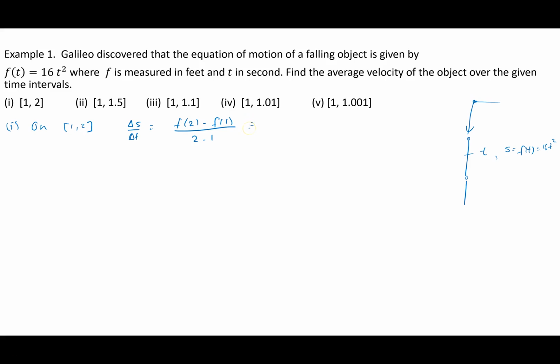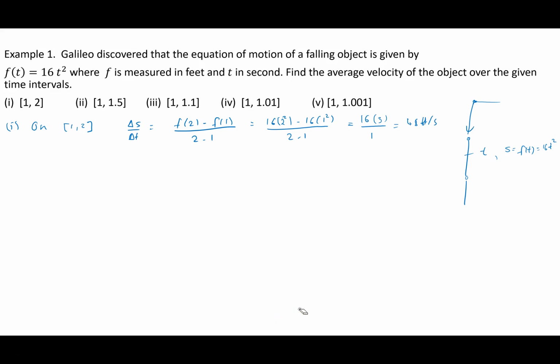You plug in t equals 2 and t equals 1 in the given function, you get 16 times 2 square minus 16 times 1 square divided by 2 minus 1. So you factor out 16, you have 2 square minus 1 square, that's going to be 3 over 1, and that is 48 feet per second. So that's the average velocity over the time interval 1, 2.